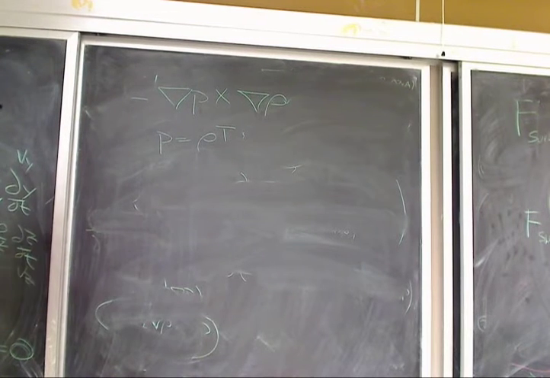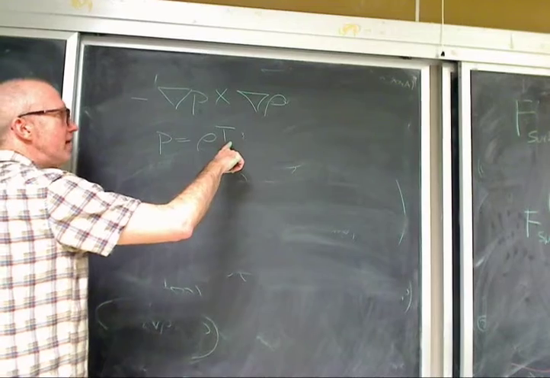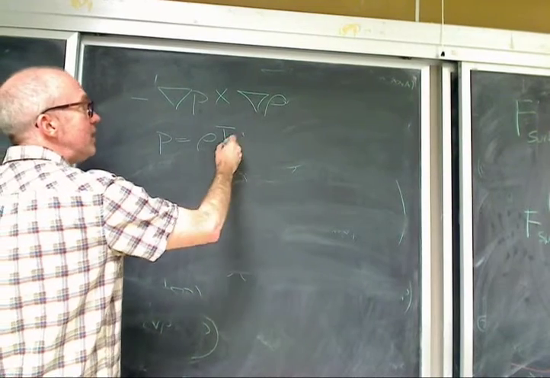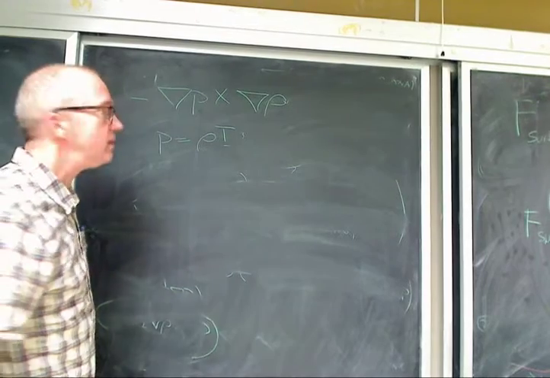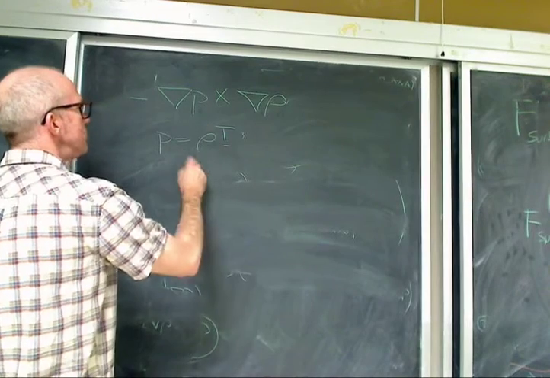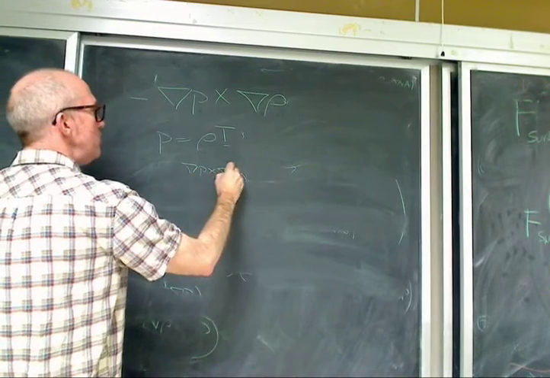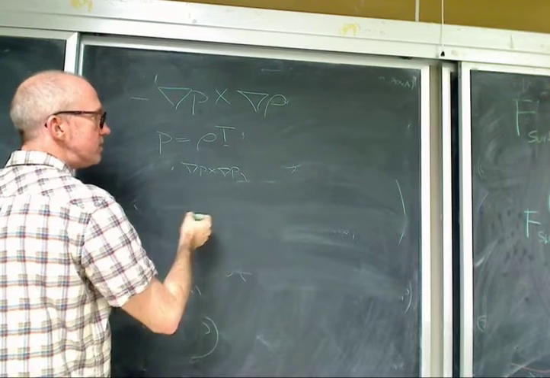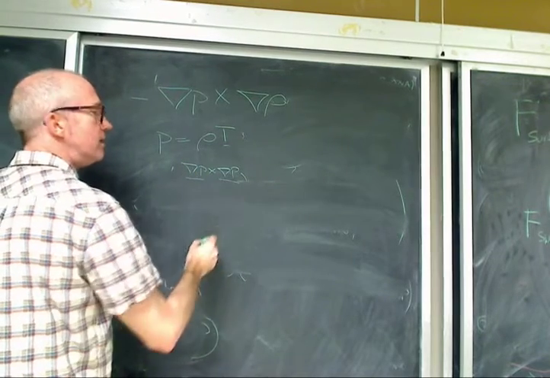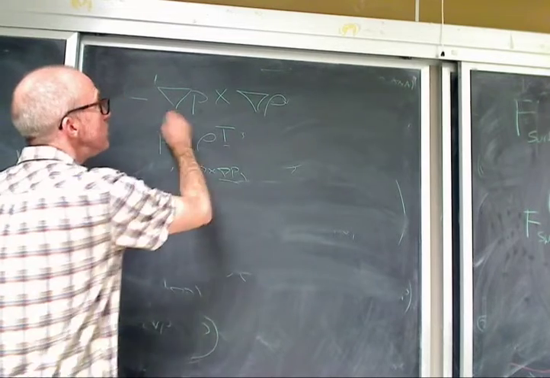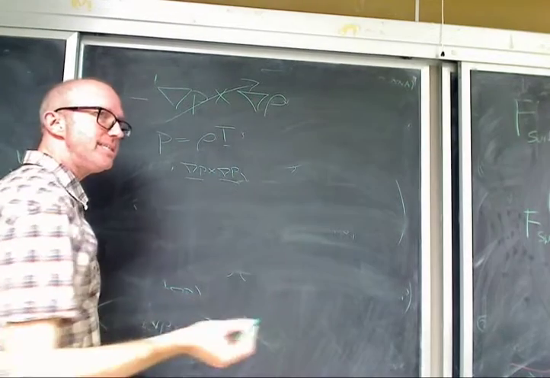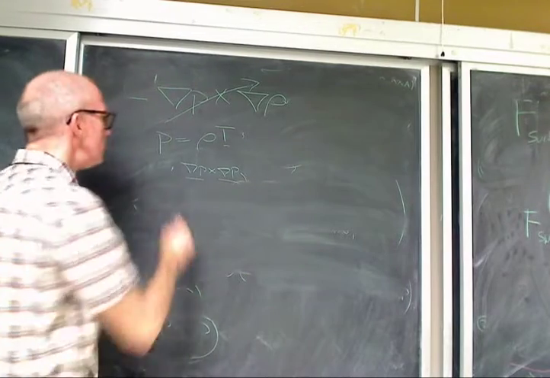There's a mass and a k and some other numbers, but I don't care about those guys. If the temperature is constant, this is the easiest way to see it. If the temperature is roughly constant, then this is equal to grad p cross grad p times some numbers that I don't care about. And what's that? A vector cross itself is what? 0. So this term goes away. In many cases, this term goes away. This is called the baroclinic term.